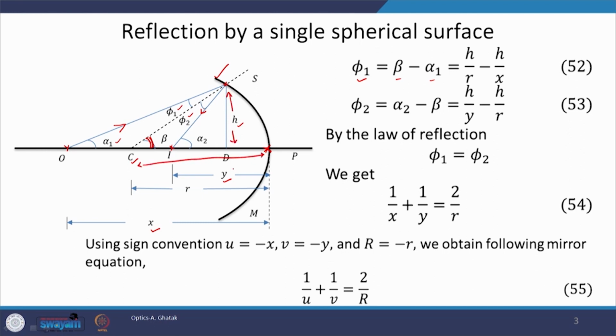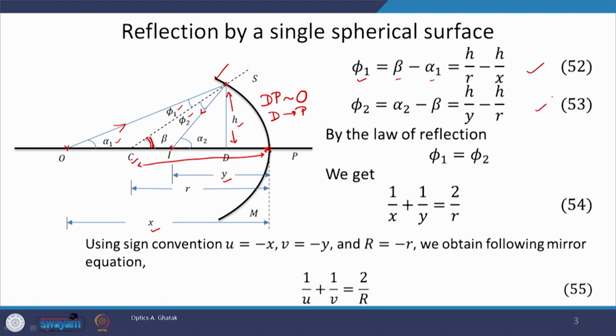Now, since we are in the paraxial region, the distance DP is approximately equal to 0. What I mean is that D approaches P, it would be very closely situated to P, and therefore this distance DP can be neglected.